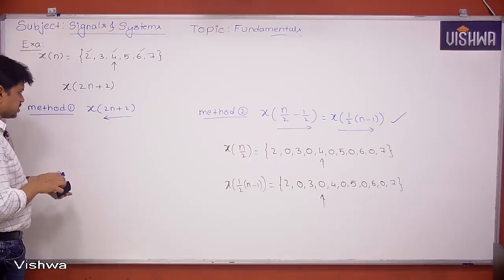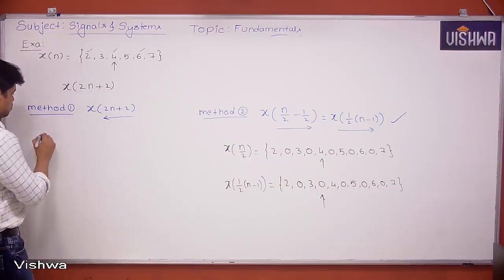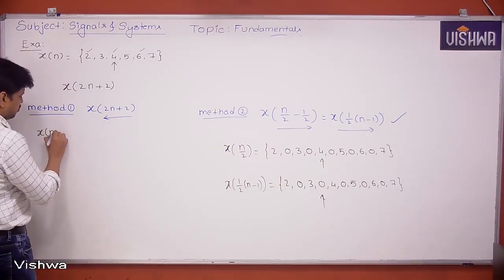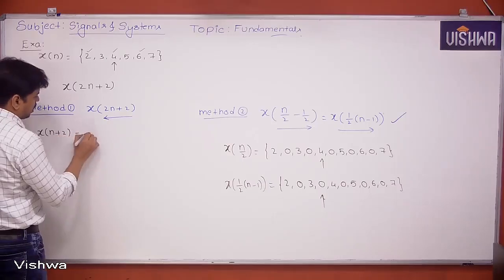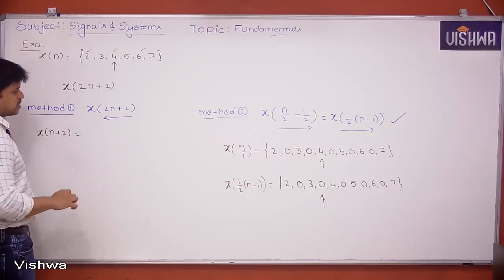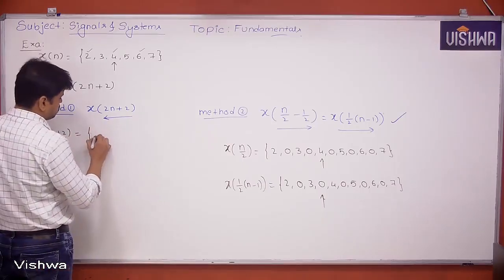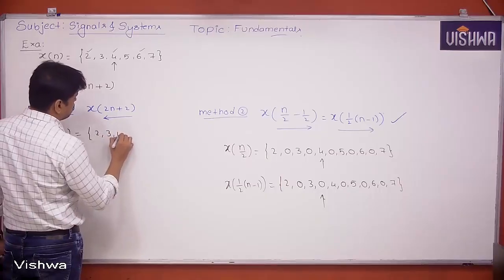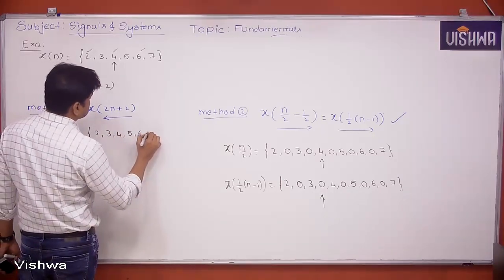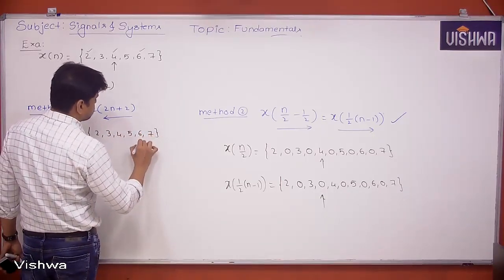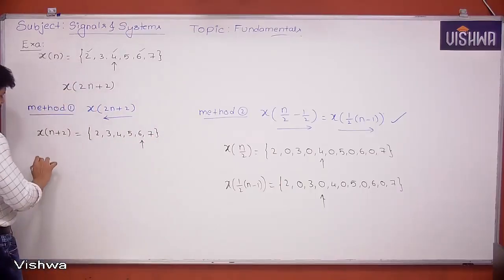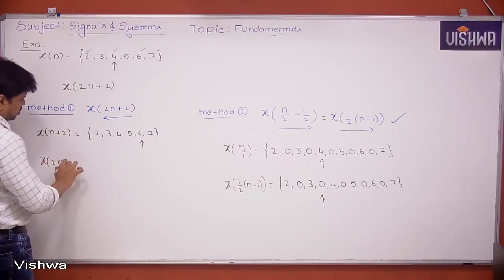Let's say x of n plus 2. The arrow has to move in the right side direction by 2 units. 2 units means here it is: x of n plus 2.